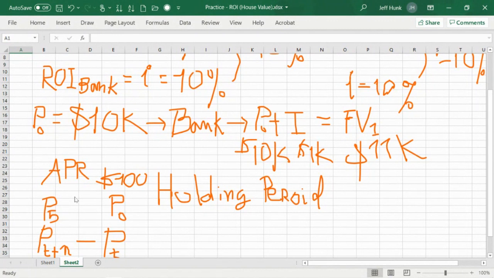This is just arithmetic. 100% of $100 is another $100. So if it grew by 100%, it should be $200. This is just common logic.